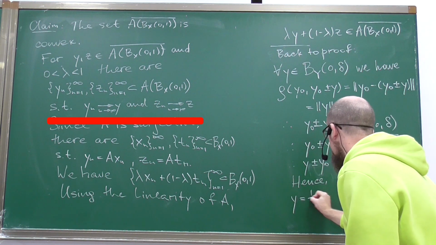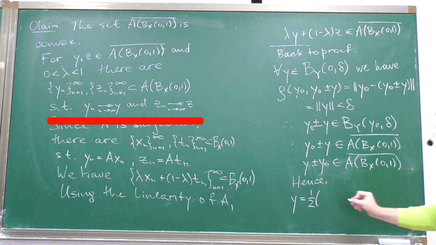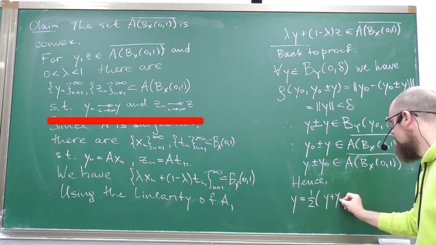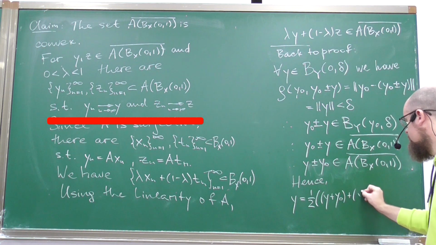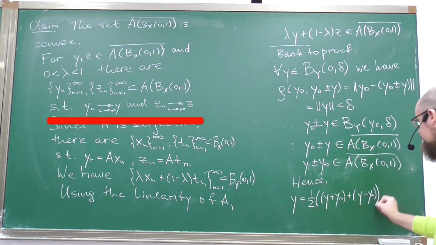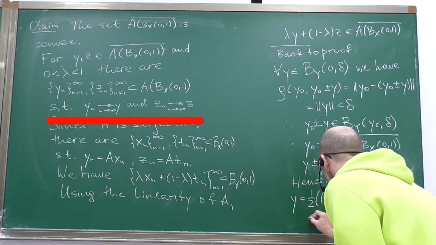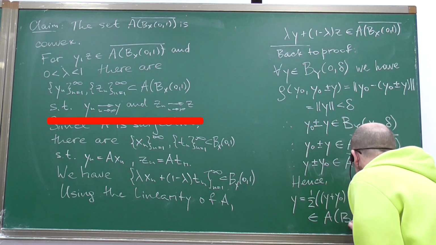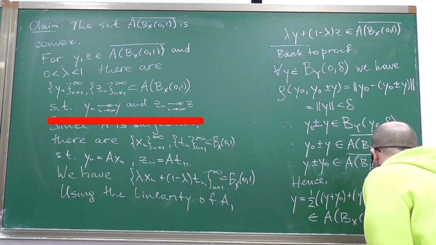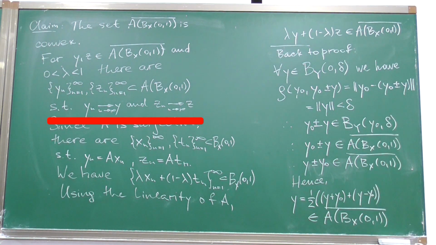The point y can be written as 1/2 of y plus y naught plus y minus y naught. And since this set is convex, then this point belongs to this set. We have proved that this ball of radius delta centered at 0 belongs to this set.